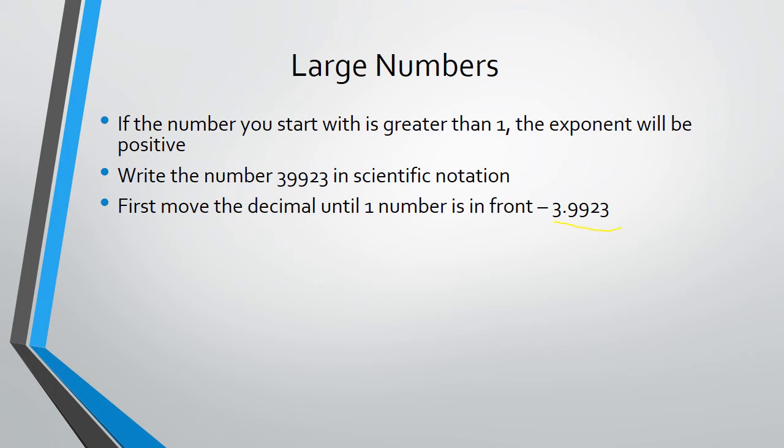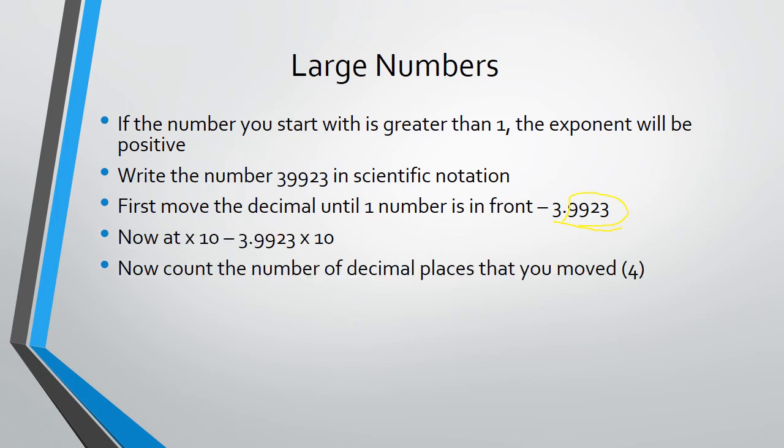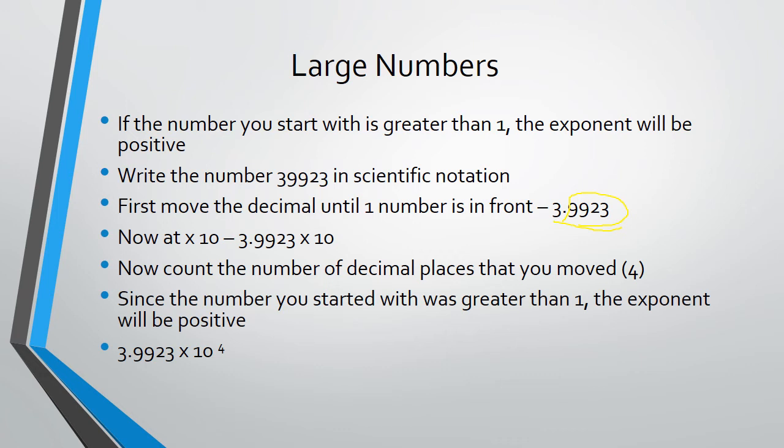And then you will see you have 4 digits here. So the value would be 10 to the power 4. So it would be 3.9923. We respect the same significant figures as we have here, but the exponent is 10 to the power 4. I'm sure you have seen that before.